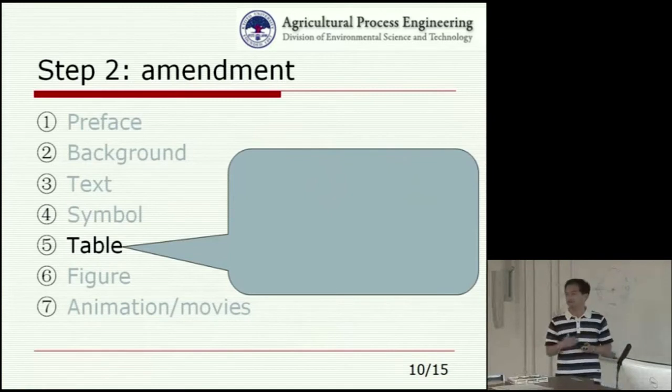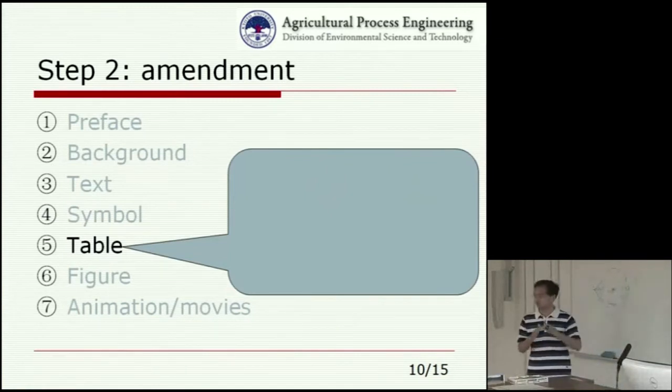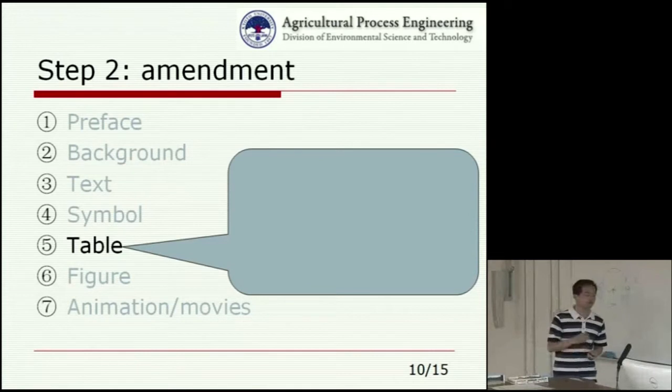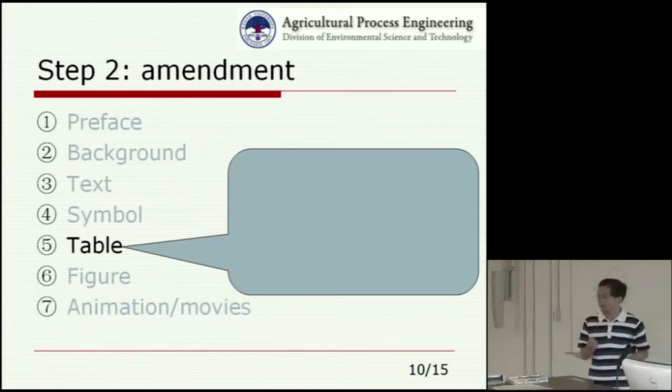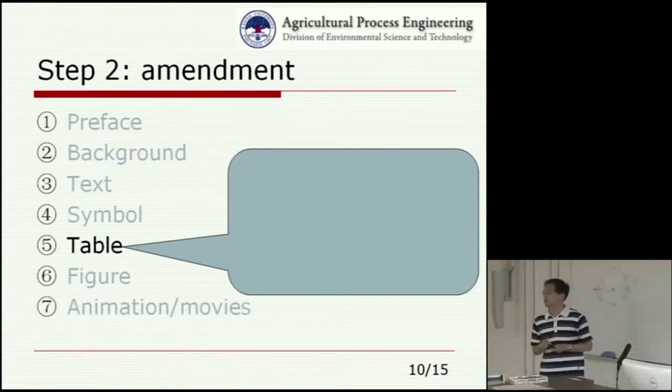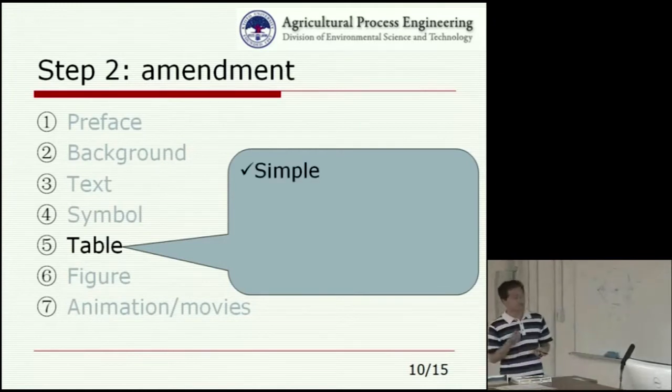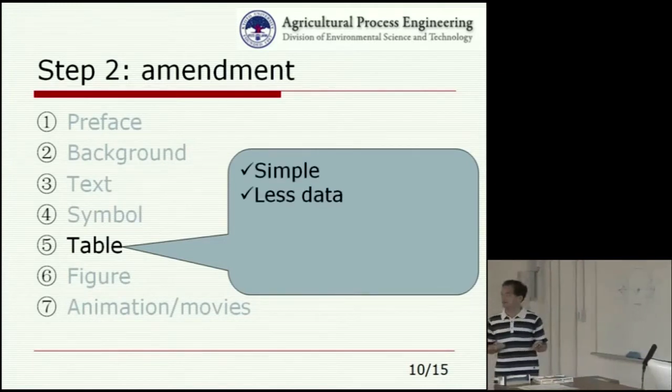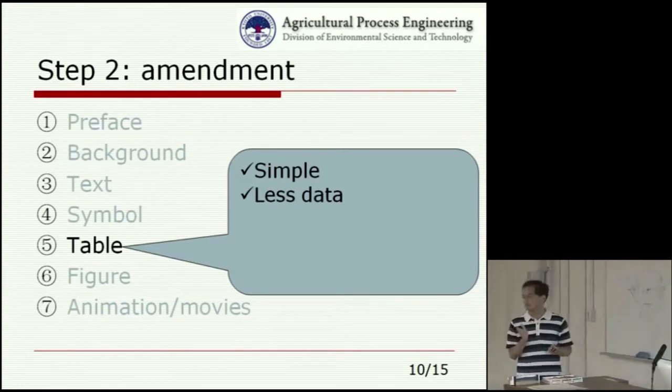When we get experimental data, we need tables to show the experimental data, but be careful using tables because we have too much data in even one experiment. So the table should be simple and have less data. Do not put all your data in one table.